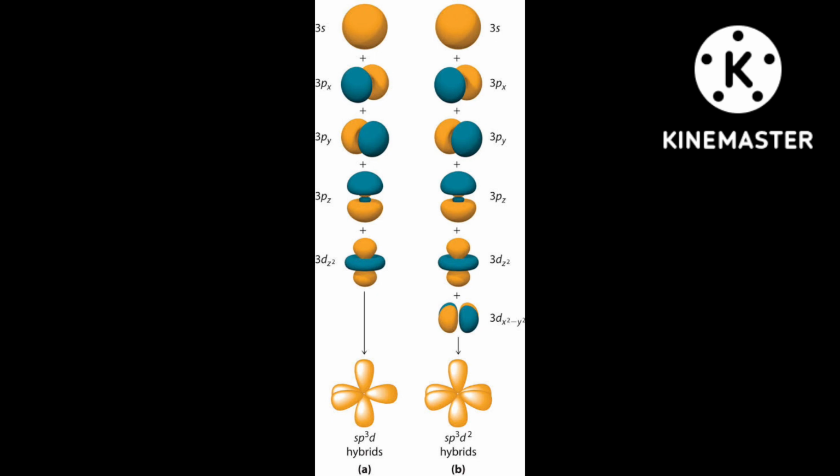These 4 sp3 hybrid orbitals acquire a tetrahedral geometry, with 2 corners occupied by hydrogen atoms, while the other two by the lone pairs.